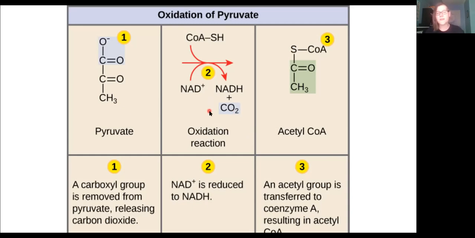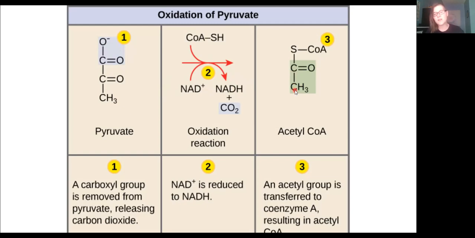You'll notice we do another thing here. This NAD plus becomes another NADH. See, that's why I think it's a dehydrogenase, because I'm pretty sure we took a hydrogen molecule and added it to this NAD. So we took off a CO2, we added a hydrogen to NAD, and now our end product is still not quite what we want it to be, but we're getting closer.